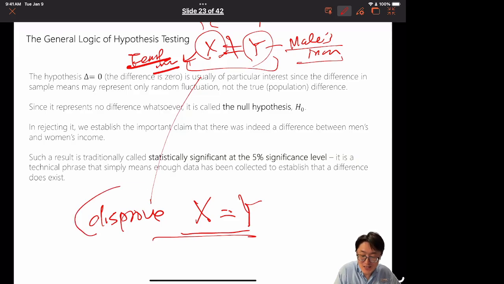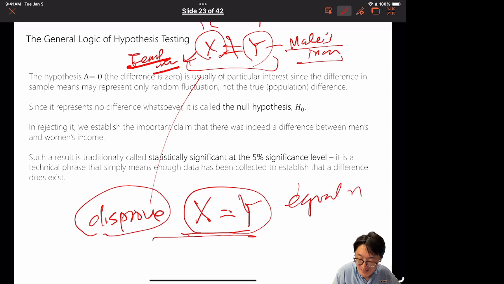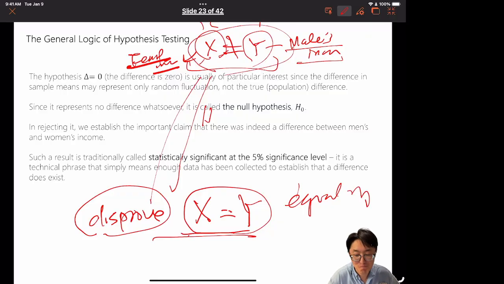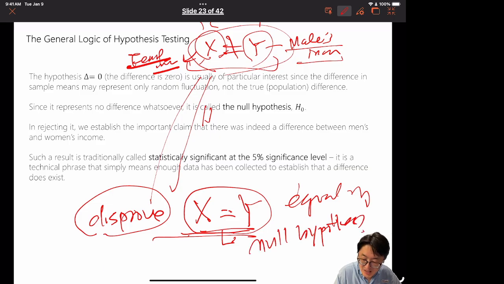If you can disprove this equality, then logically it's the same as proving inequality. And this equality we call the null hypothesis. The null hypothesis is what you'd like to destroy. You'd like to disprove it.